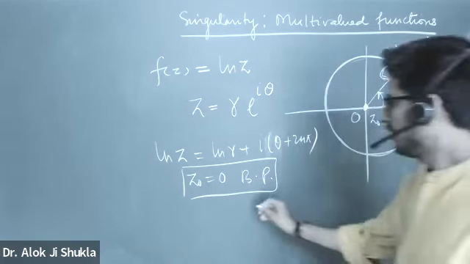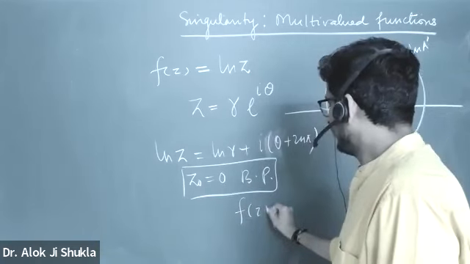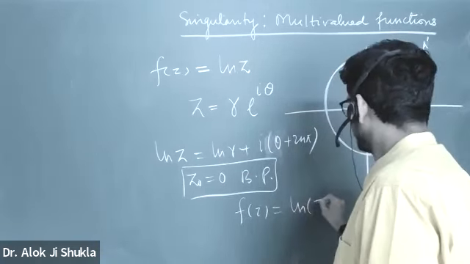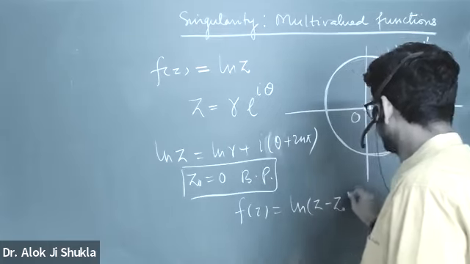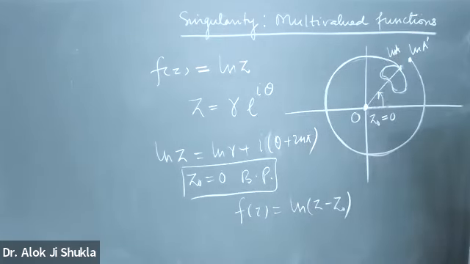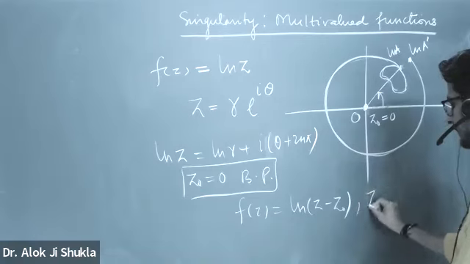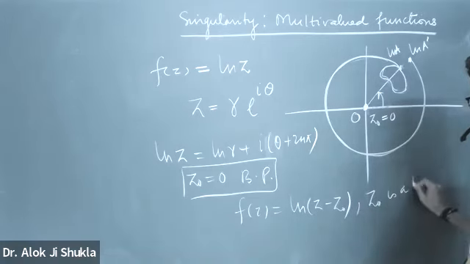So in general, if I write f(z) is equal to ln(z minus z naught), then z naught is a branch point.